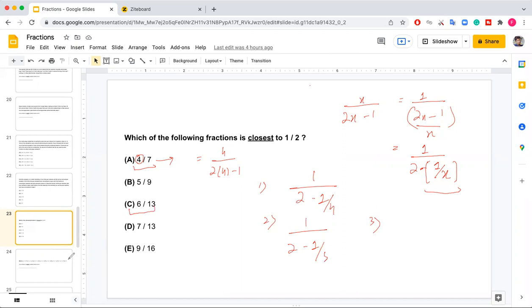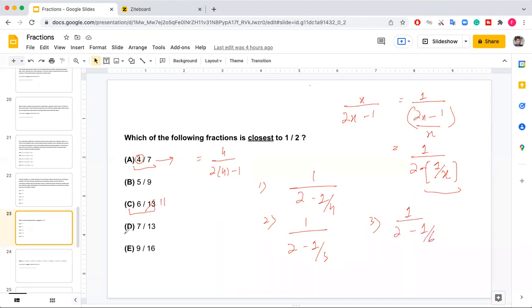You have to add 1. Let's make this 11 for now. Can we do it this way? Yes, this will be 1 over 2 minus 1 over 6.